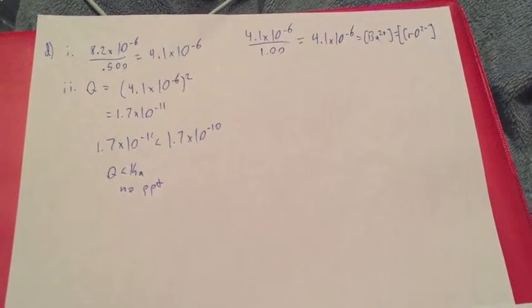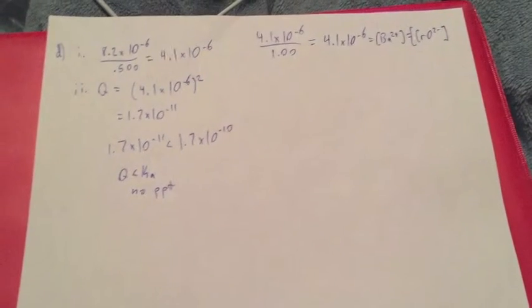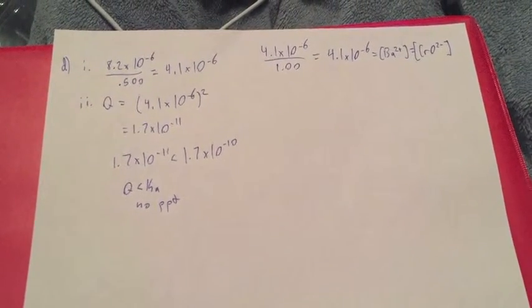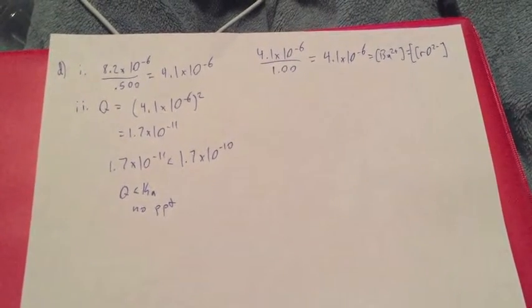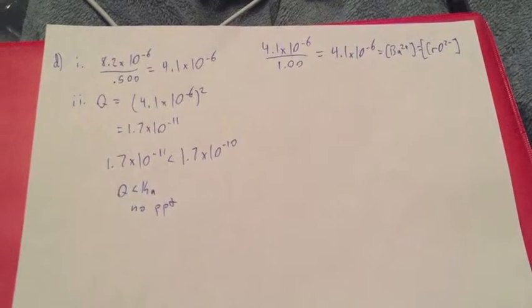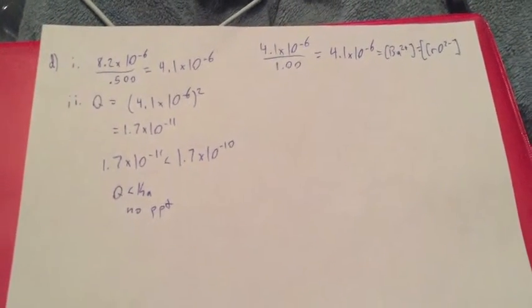From that, we get 1.7 times 10 to the negative 11. This value is less than the Ksp for the salt BaCrO4, which is 1.2 times 10 to the negative 10. And since our Q is less than our Ksp, then no precipitate is formed.